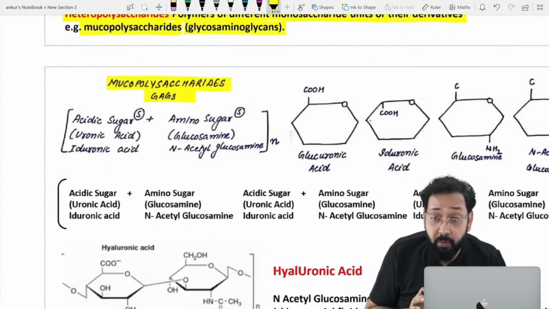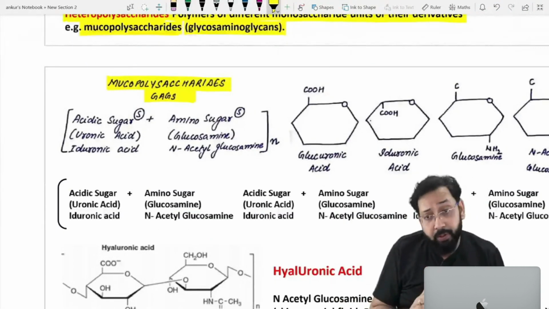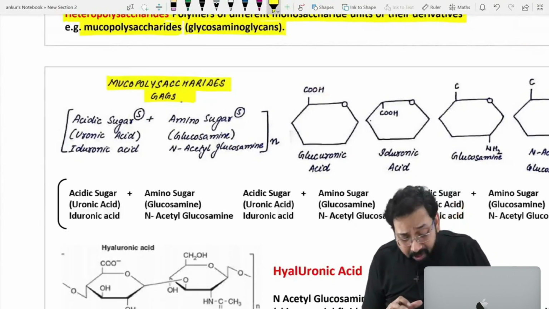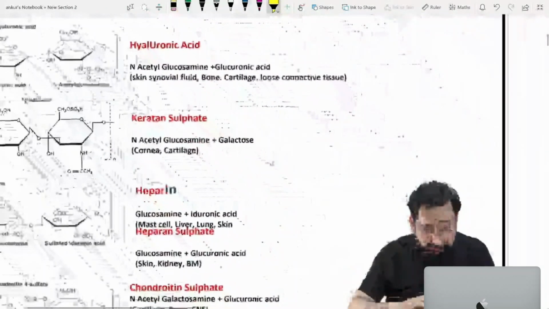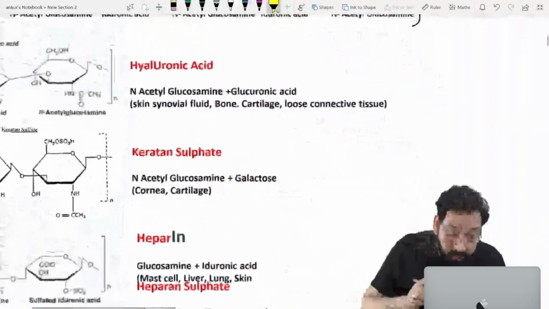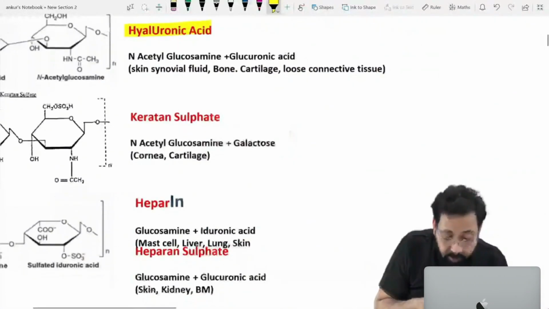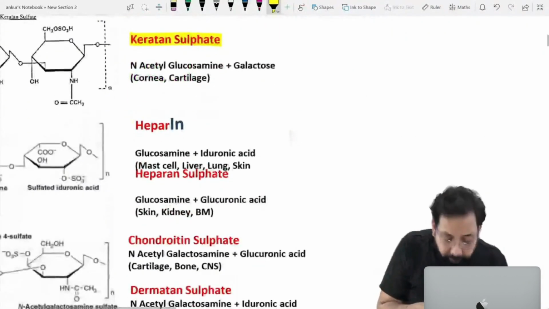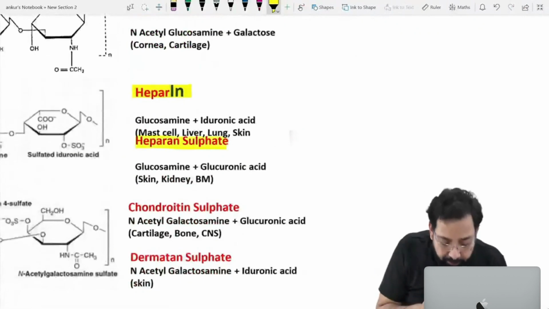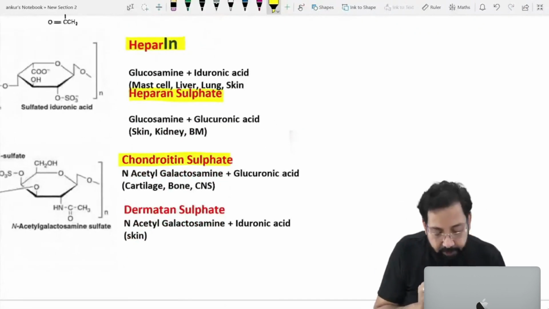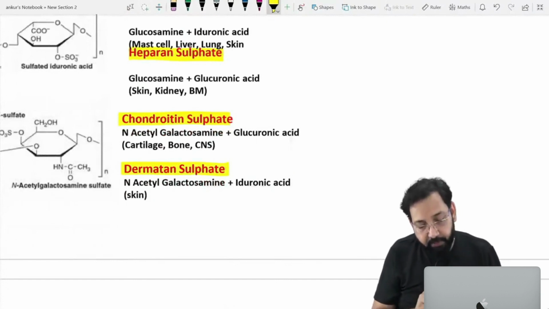Before going further, we found that in our body there are 6 compounds: hyaluronic acid, keratan sulfate, heparin, heparan sulfate, chondroitin sulfate, dermatan sulfate.